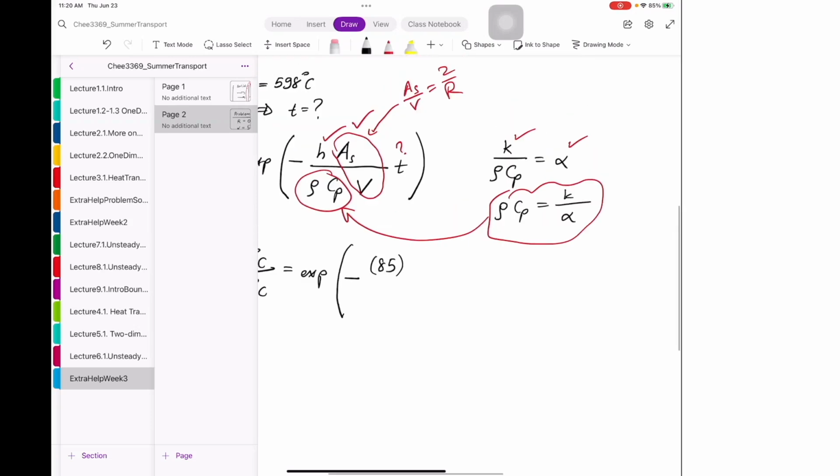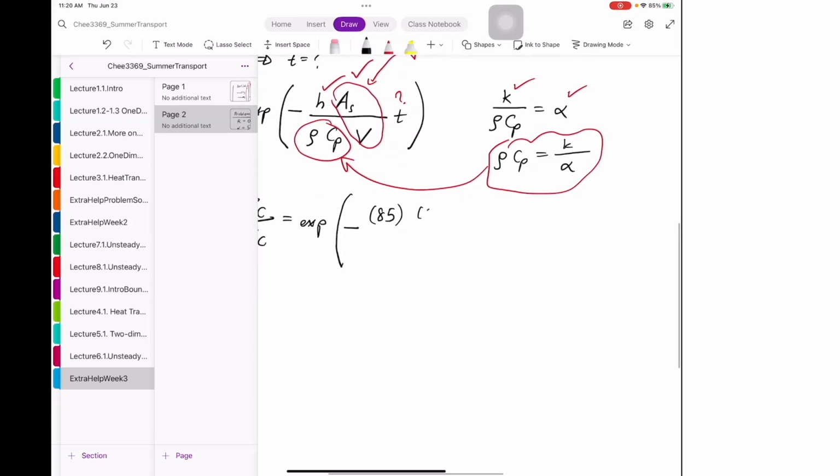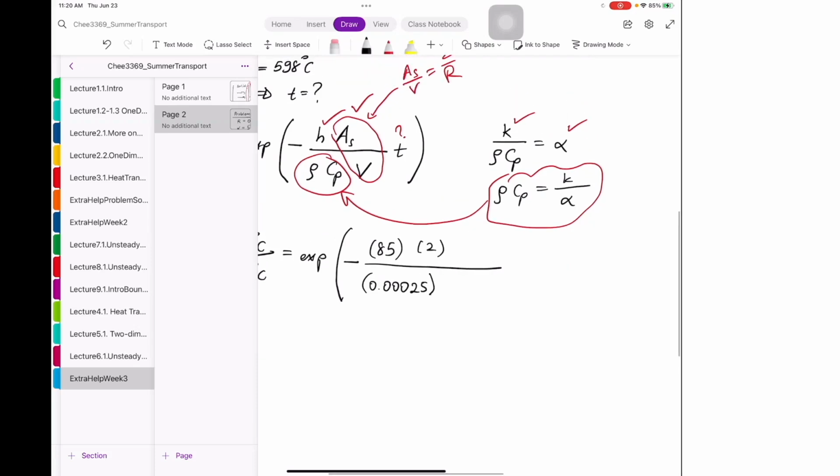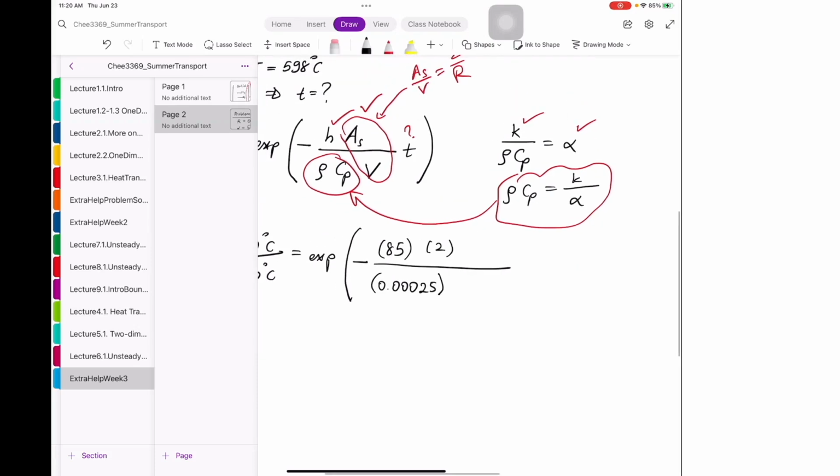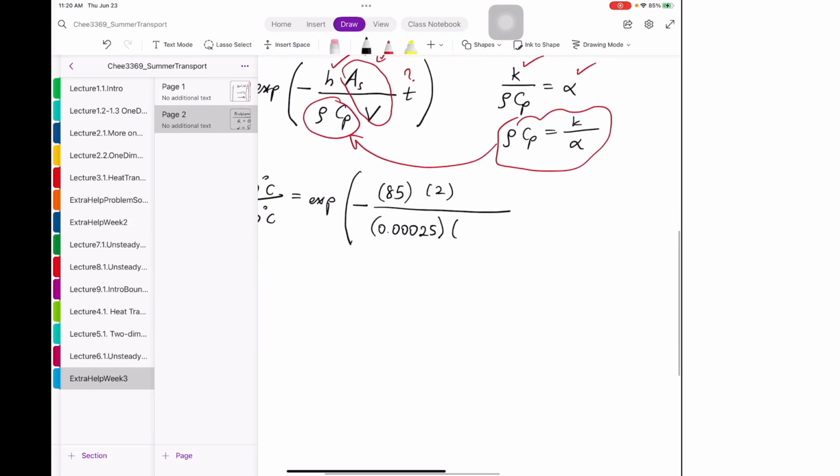Times AS over V is 2 over R, so we have 2 here, we have R here, 0.00025 meters. Let me forget about the meter for the time being. And then divided by rho Cp, which is K over alpha, and K is 19.1 over alpha, but I can take it to the upside.